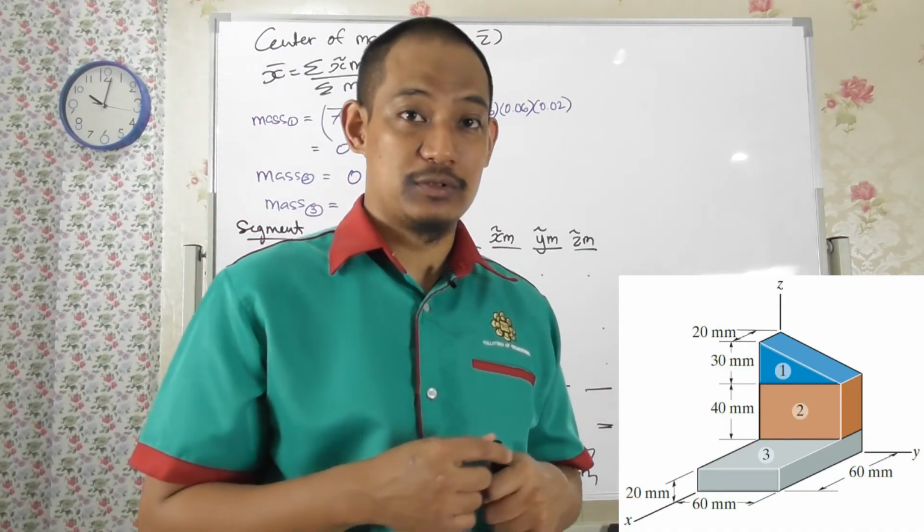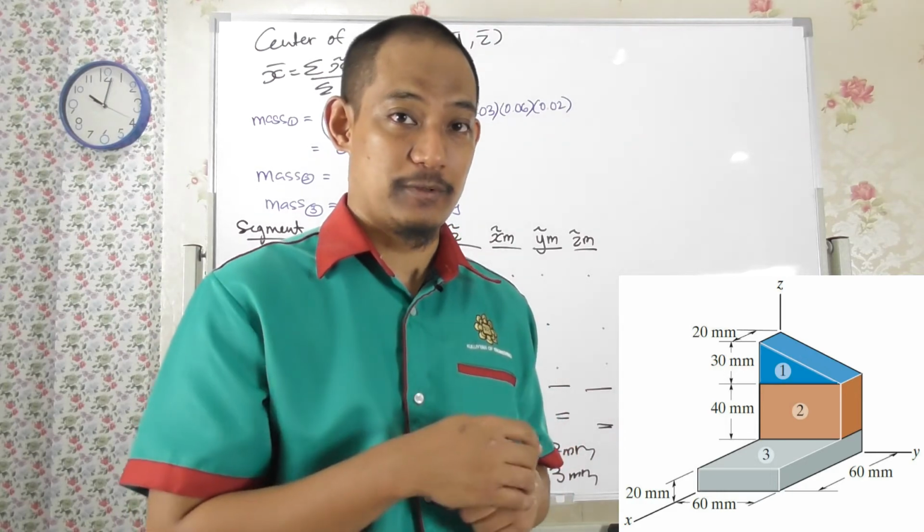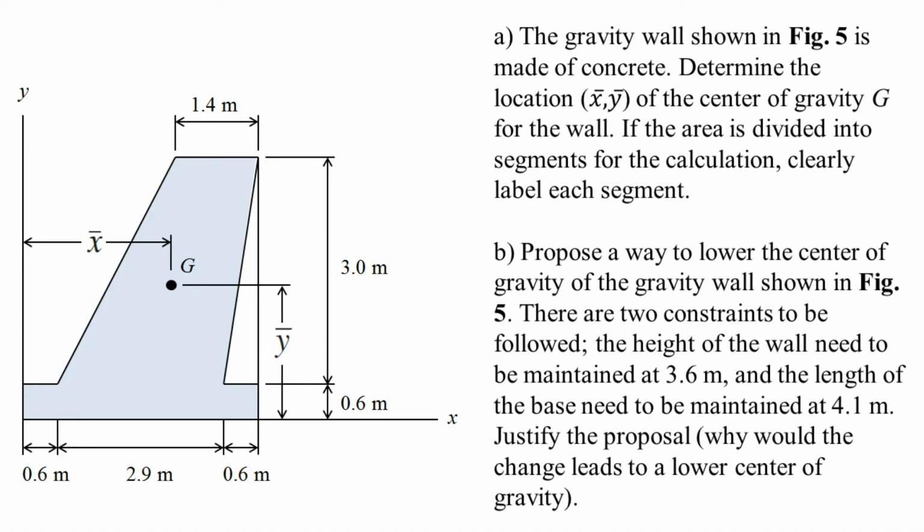And we move on to the final question, question number 4. So you have the figure on the left there, quite an interesting diagram, and we will read the question. Part A, the gravity wall shown in the figure is made of concrete. Determine the location x bar, y bar of the center of gravity G for the wall.